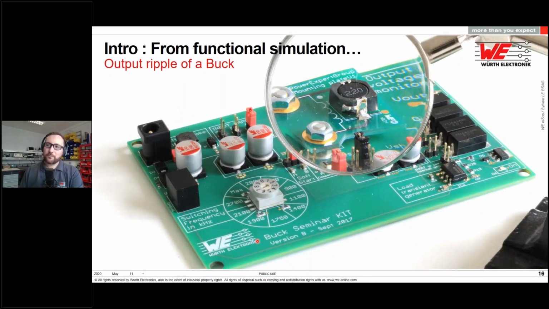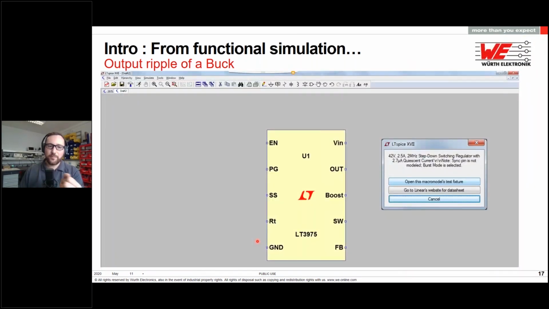So let's start with something you might already know how to do, probably if you started to use LTSPICE. So the good thing with LTSPICE is you pick up any device into the little menu here and go to power device.